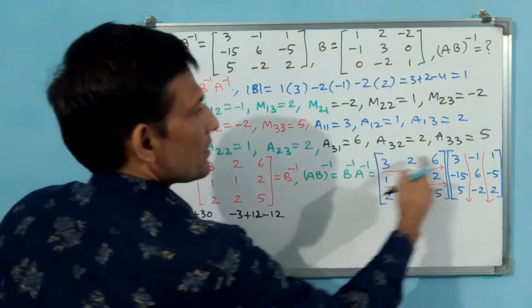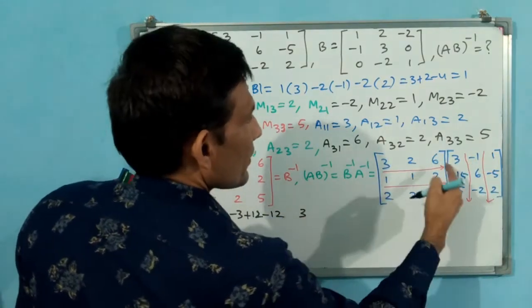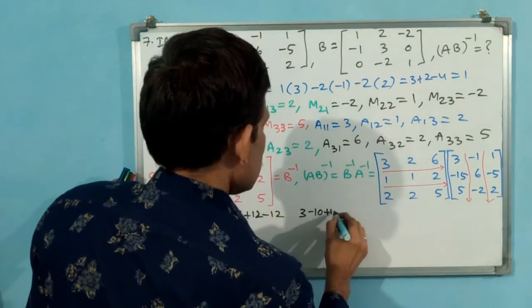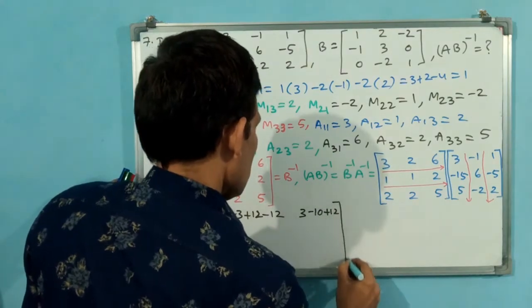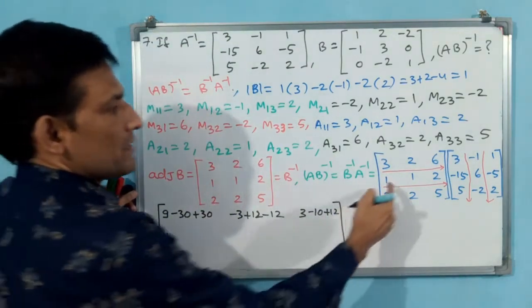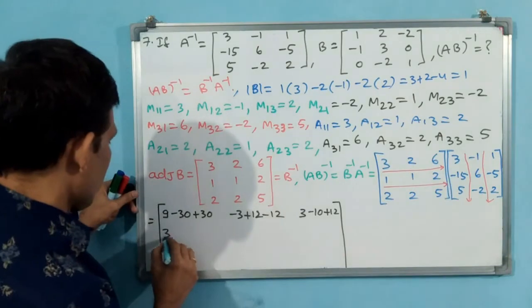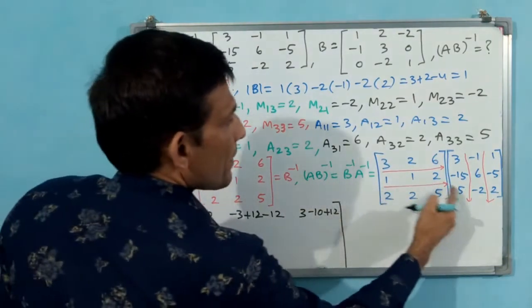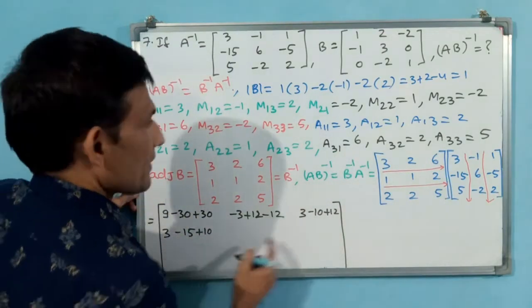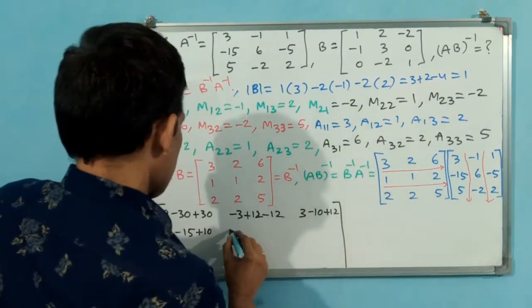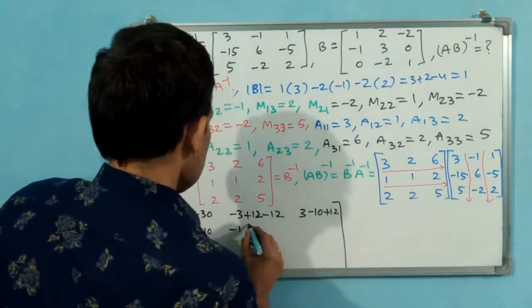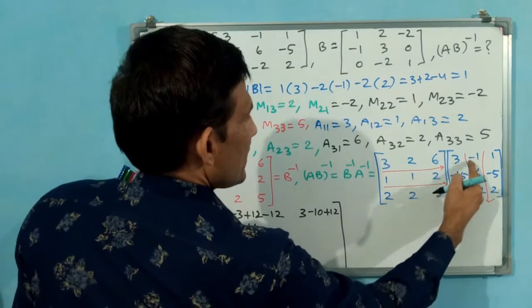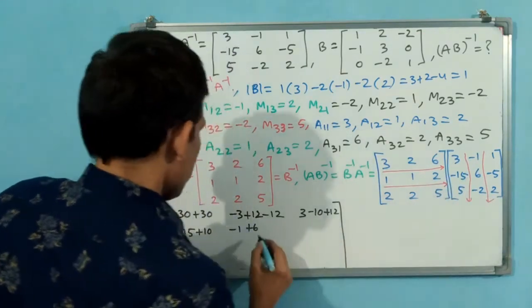Then 3 minus 10 plus 12. Then 3 minus 15 plus 10 minus 1 plus 6 minus 1 plus 6 minus 4.